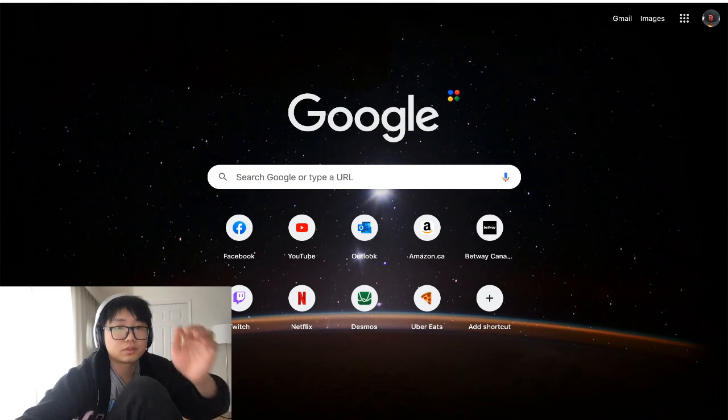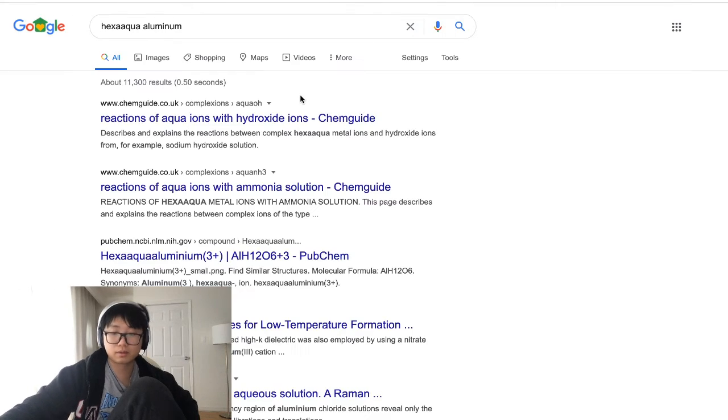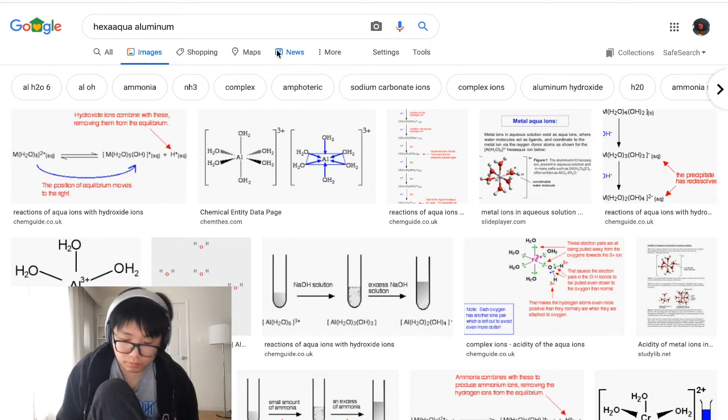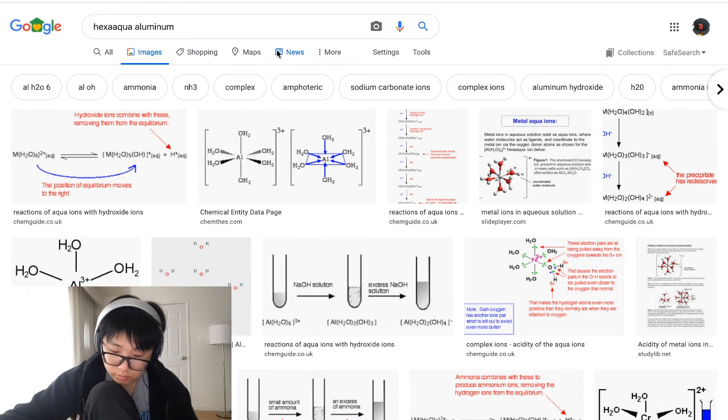Although probably not that one probably. Carbonic acid, yeah, because it's a polyprotic acid. Yeah. Okay, yep, that's a good one.